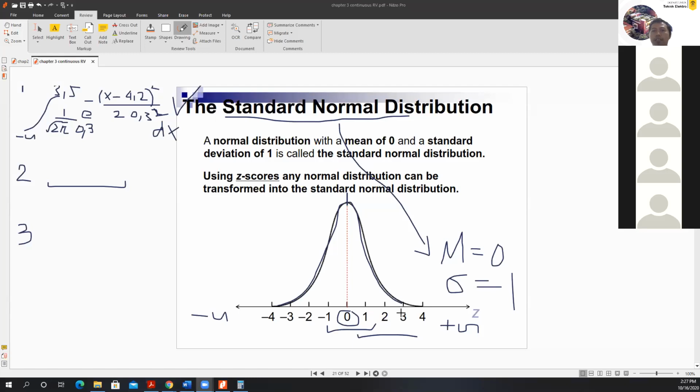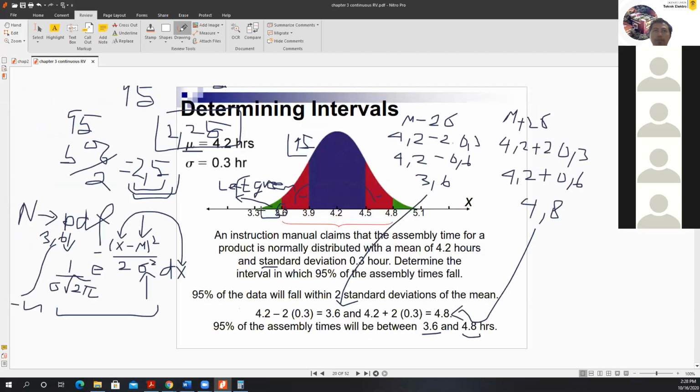You can see that the standard normal is always like this. I point out again that the left side is always the negative random variable and the right-hand side is the positive random variable. So back to this point, 3.5 is located on the left side of the mean, right?